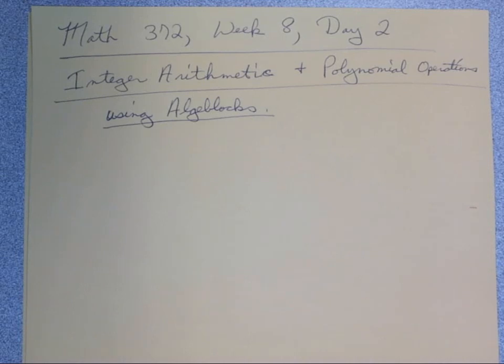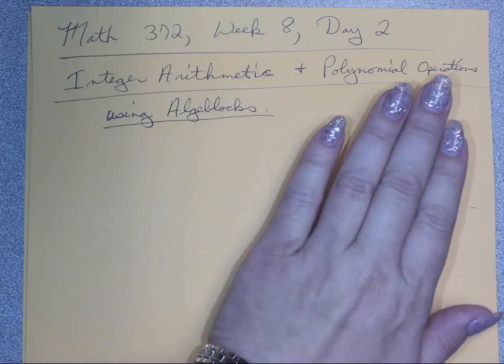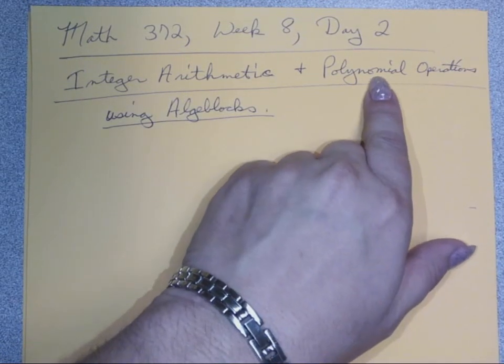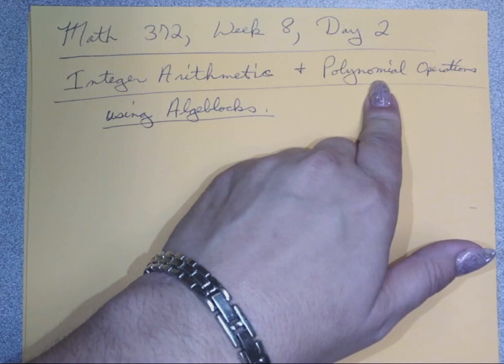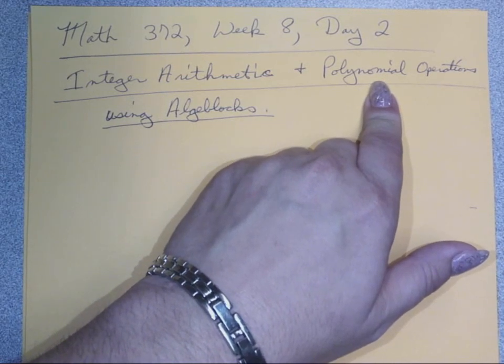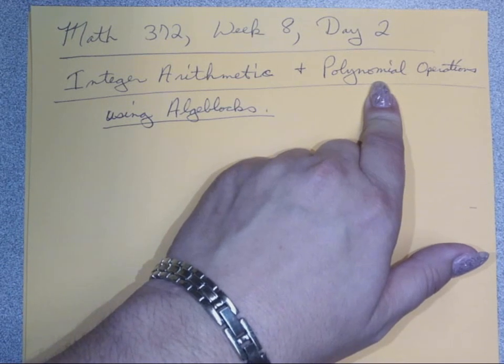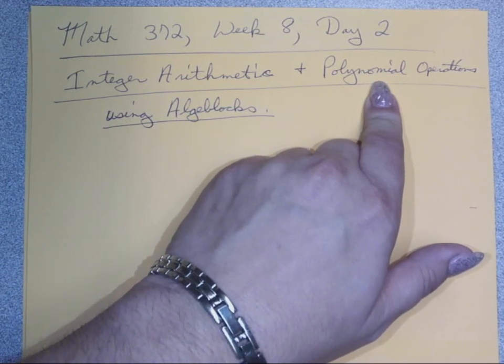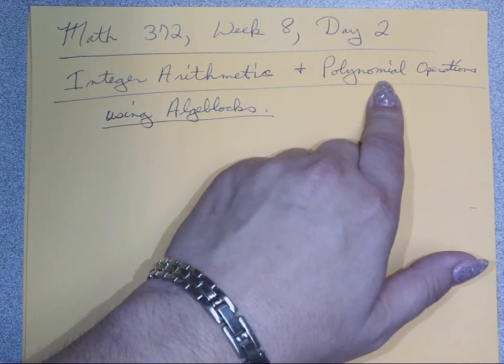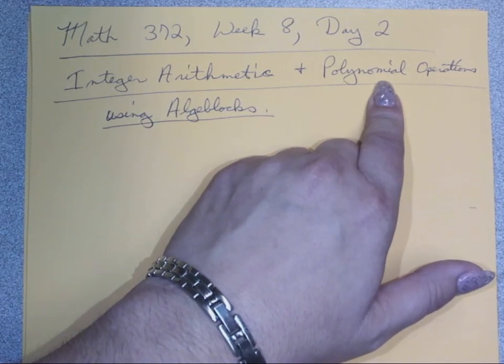Okay, so here we go. Integer arithmetic and polynomial operations. Now, if you know what polynomials are, a quadratic function is a polynomial, right? It's got x squared plus 5x minus 7 or something like that, where poly means multiple and nomial means names, or multiple terms, basically in this case.